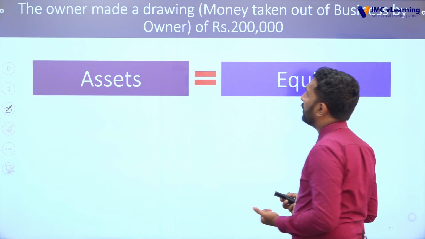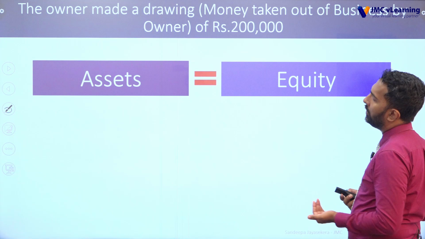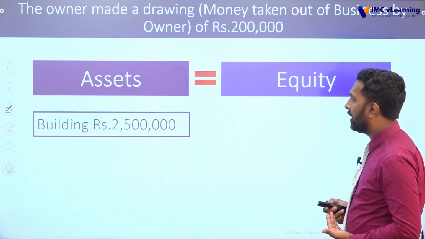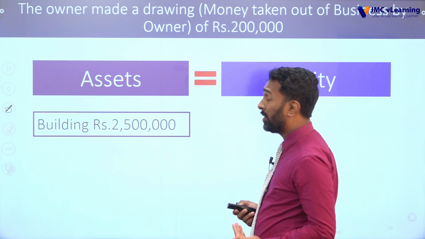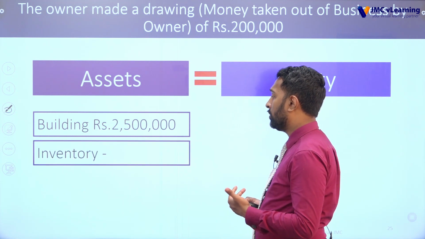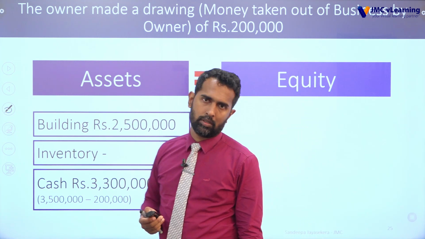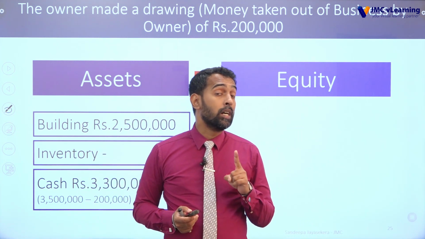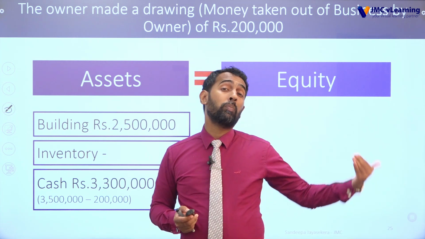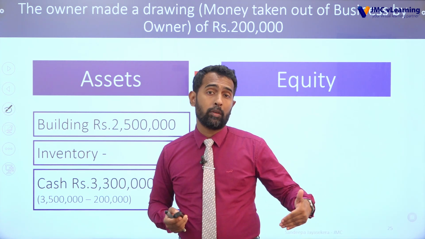So the owner has made a drawing, money taken out of the business by the owner, of rupees 200,000. Now let's see what will happen. Building remains the same, inventory is already 0. Cash, they got 3.5 million, so that will come down to 3.3 million. 3.5 minus 200,000. Now what will happen? Earlier, can you remember, the owner pumped in 5 million and was entitled to a profit of 1 million.